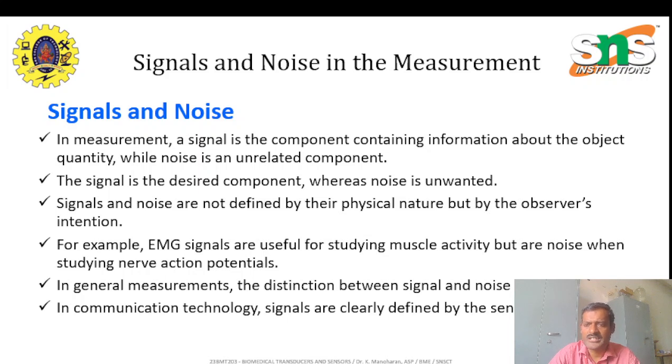That's why it is defined by the observer's intention, not by physical nature. In general measurement, the distinction between signal and noise is arbitrary. In communication technologies, signals are clearly defined by the sender's intent.